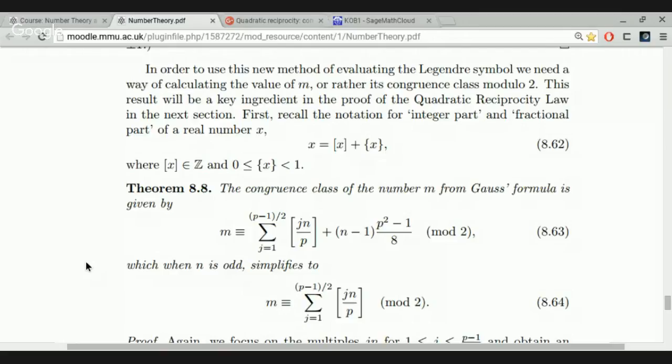This one is the floor of x, so the blue one must be called the ceiling of x. So this is the floor of x, and the other one is the ceiling of x. I should have written that in blue.